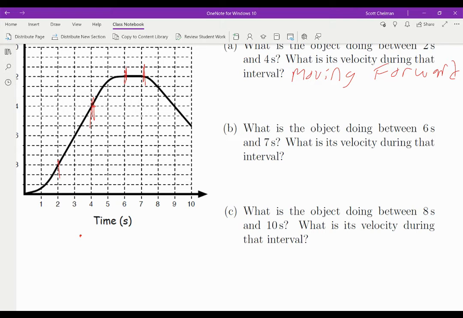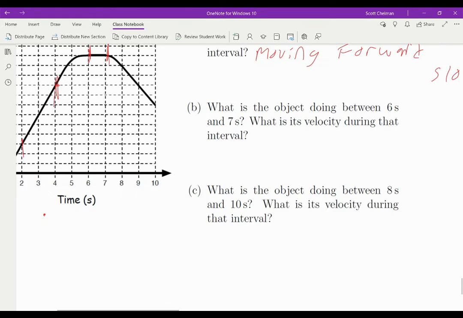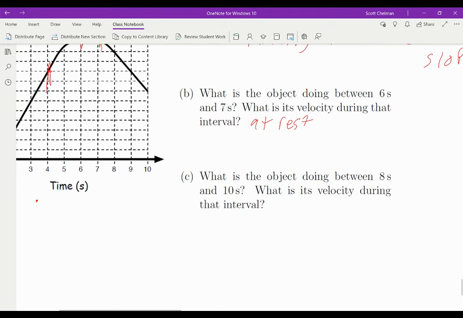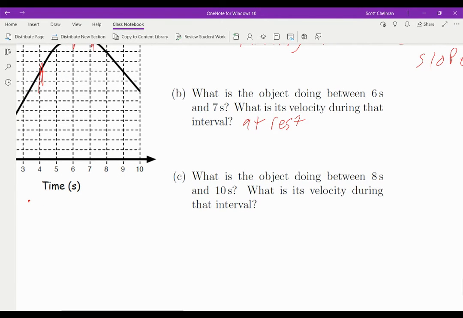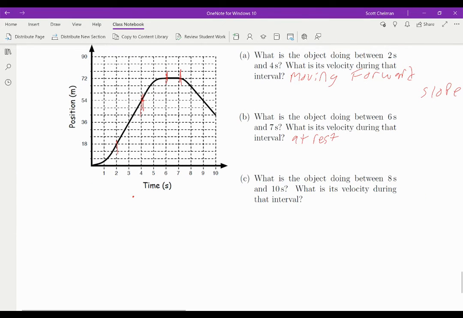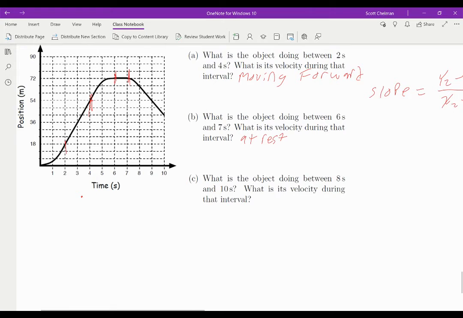But so, okay. So since that's the case, and we'll say at rest. And what is the velocity during that interval? Now, logically, what is the velocity? 0. Okay, but we can even do it mathematically and say, okay, 72.